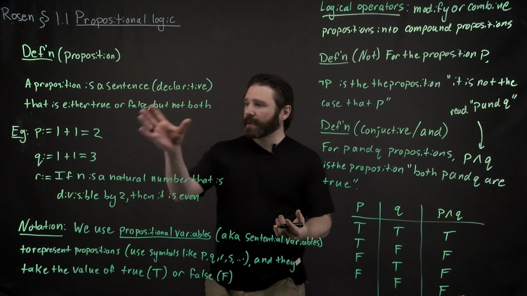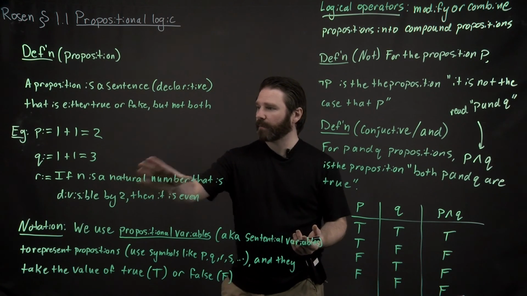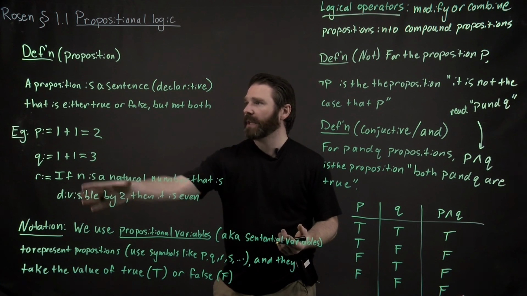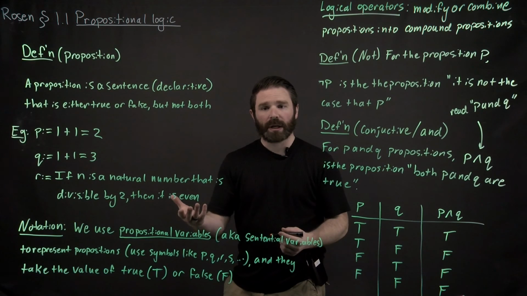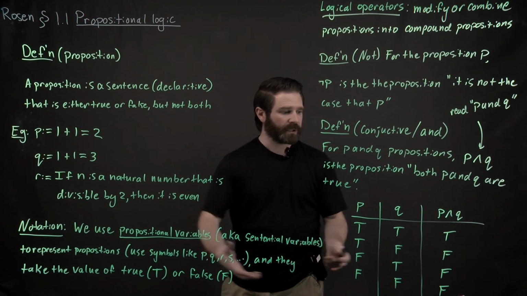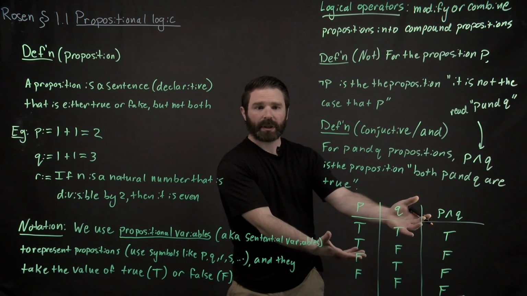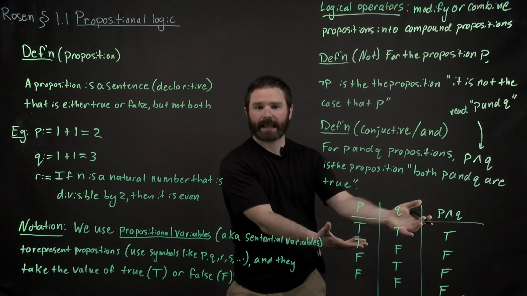So in our examples over here, if we were to look at these particular propositions, let's go ahead and see what these different compound expressions would look like if we combine them up with this conjunctive, this and right here.